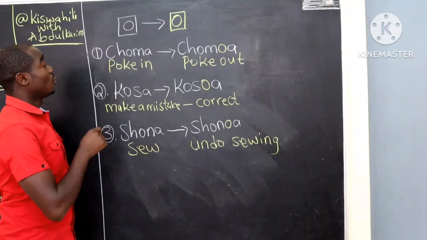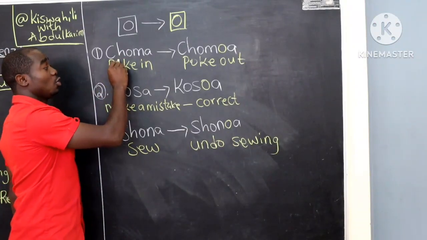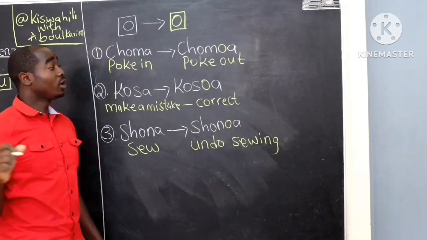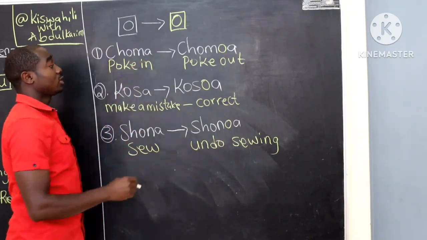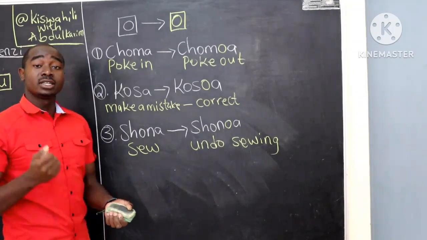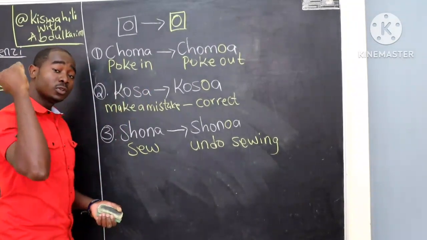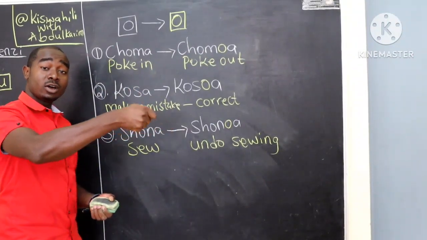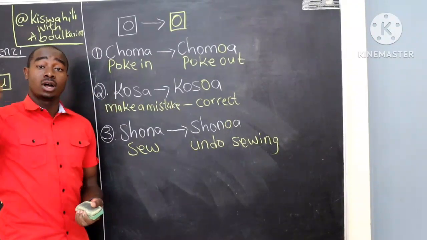Okay? So example here, choma, chomoa. Choma here is like to poke in, right? Like maybe you are hunting, you do this. Choma mshale. Then when you remove that arrow, you say chomoa.